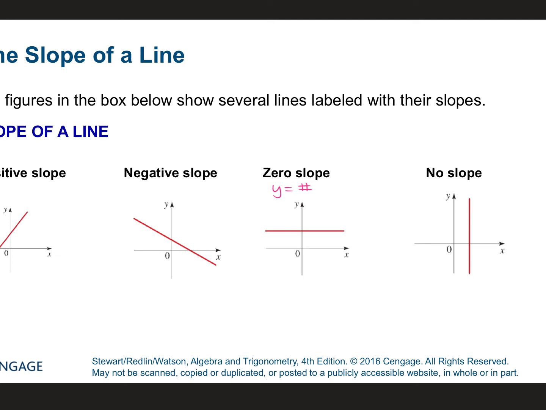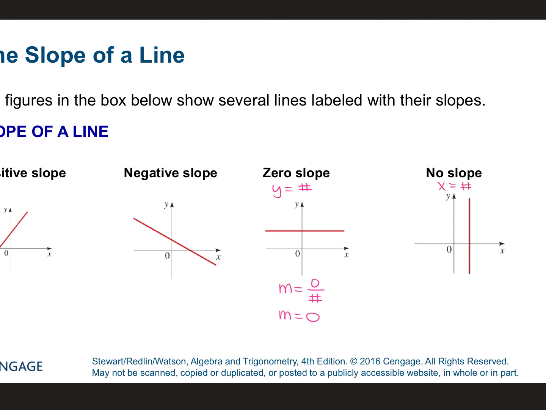When you have a slope of 0, it means that it's 0 over a number. For the one on the far right, you have no slope. A vertical line is going to have no slope, and the equation of that line is x is equal to a number.